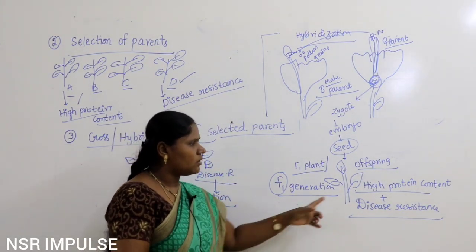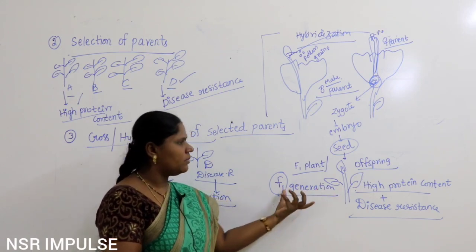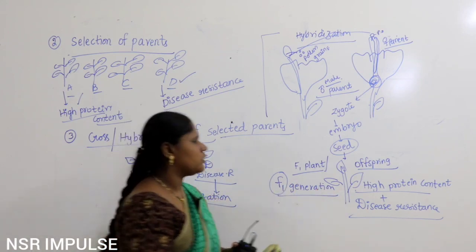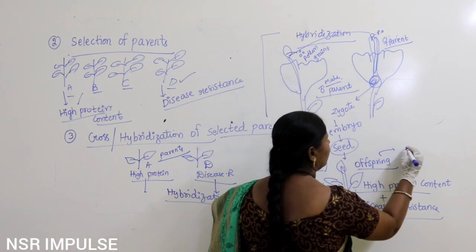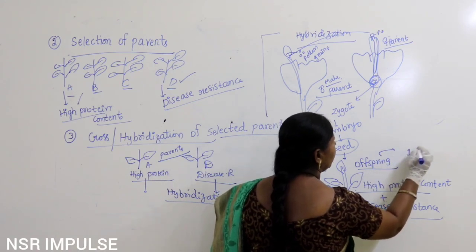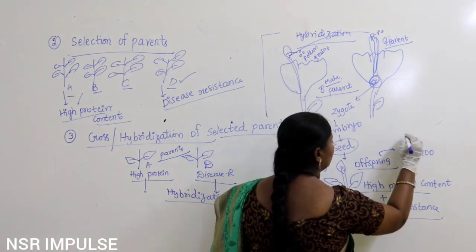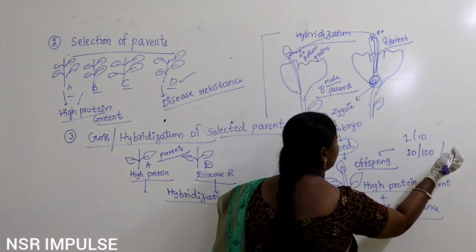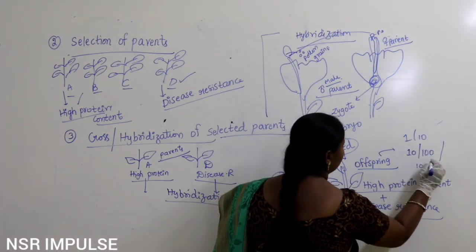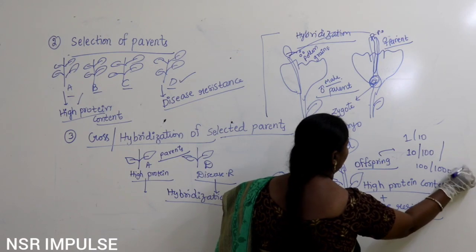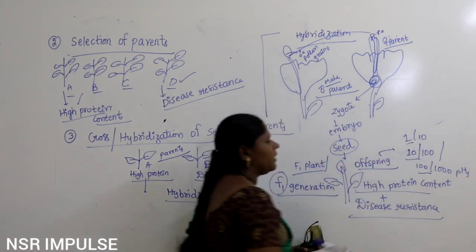That means hundreds of offspring may be produced, but maybe 10 in 100, or 1 in 10, or 100 in 1000 plants are produced with desirable characters.